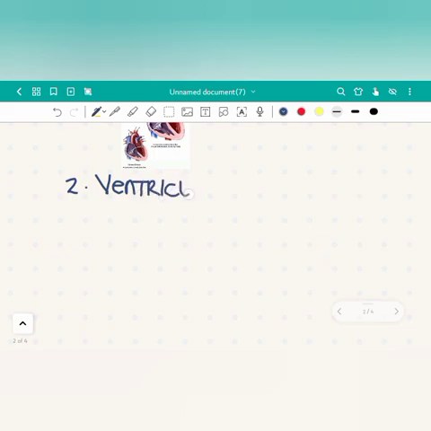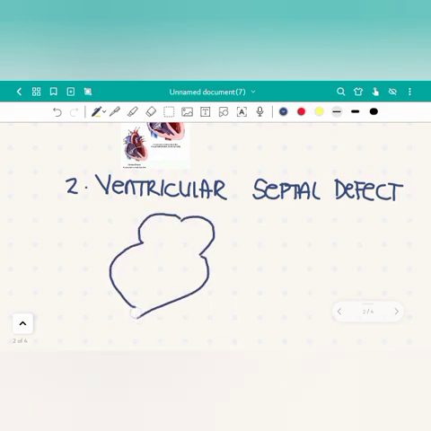Second one is the ventricular septal defect. So kanina, dun sa taas, between the two atria, and now between the two ventricles naman. So for example, this is our heart. So this is the left and right. So this is the hole between the left and right ventricles.